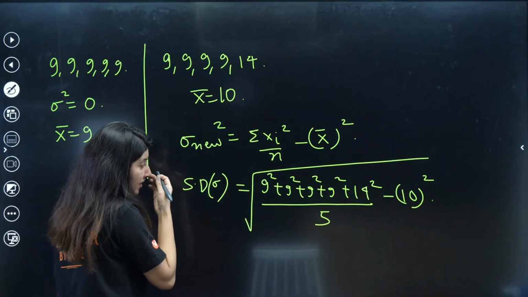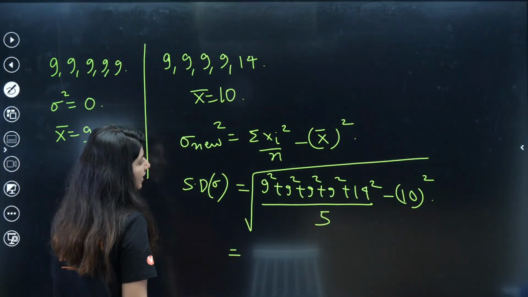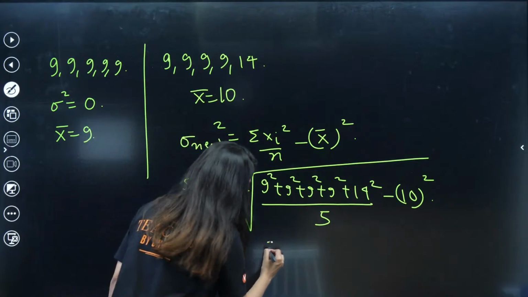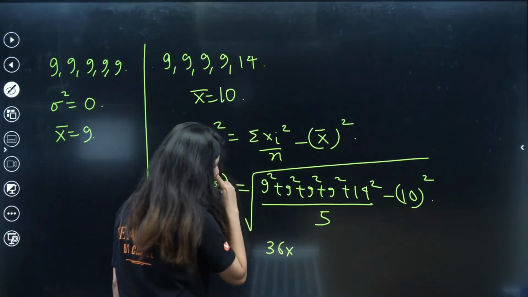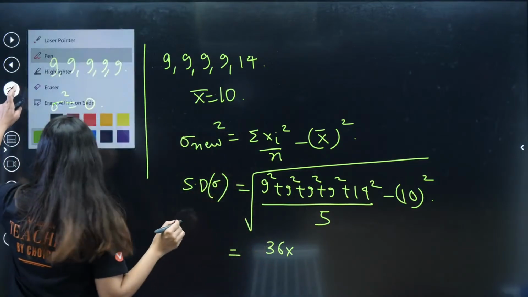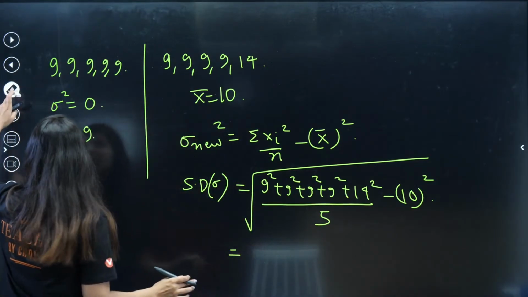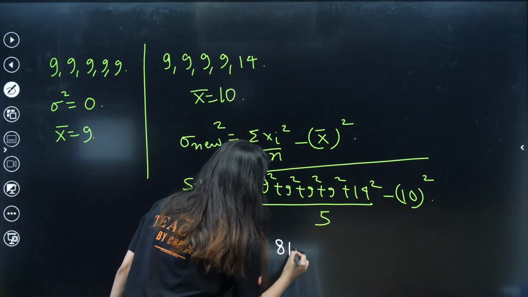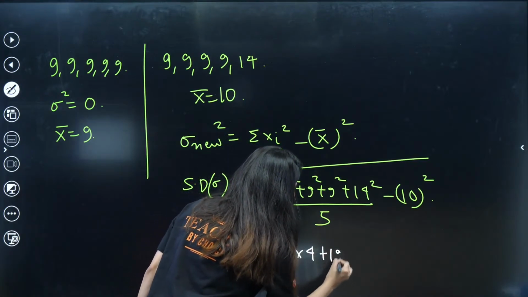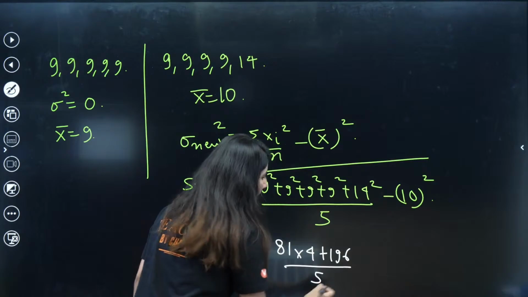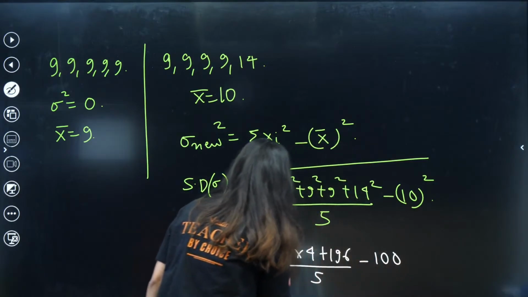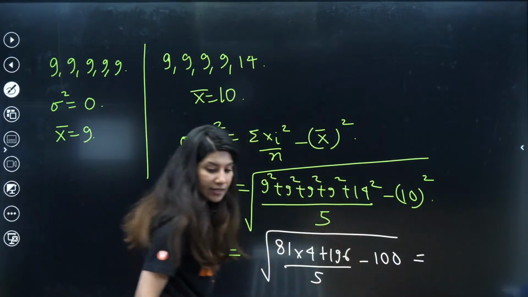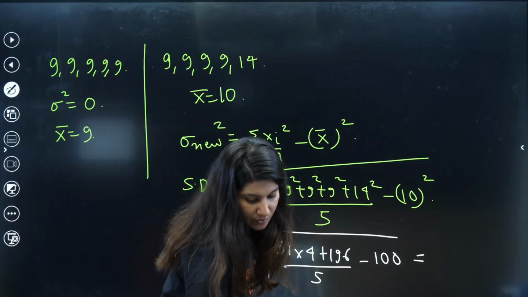Can you solve it? Yes. So 9 square is 81, so 81 into 4 plus 196, upon 5, minus 100. Its root will be your answer. Calculate this. Let me know your answer in the chat box.